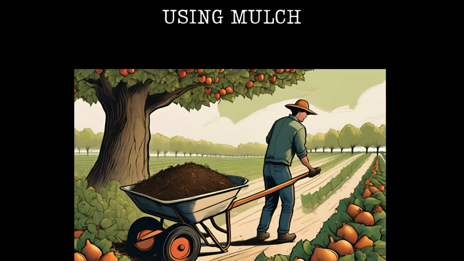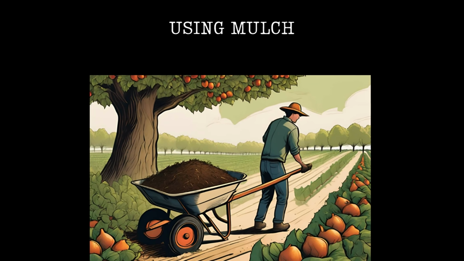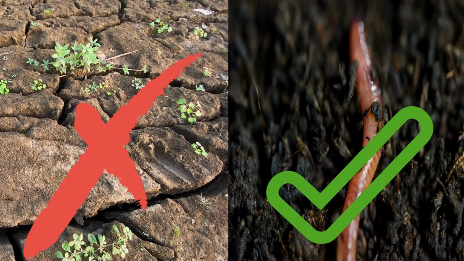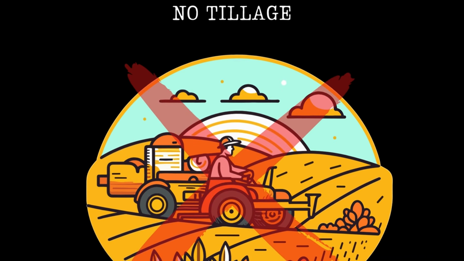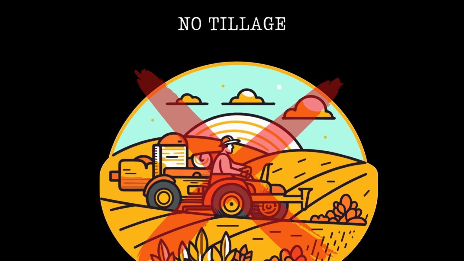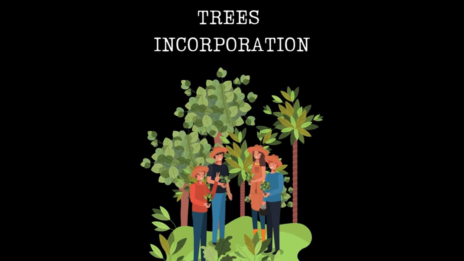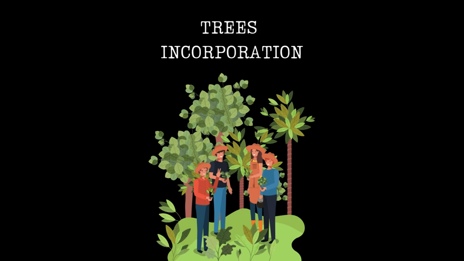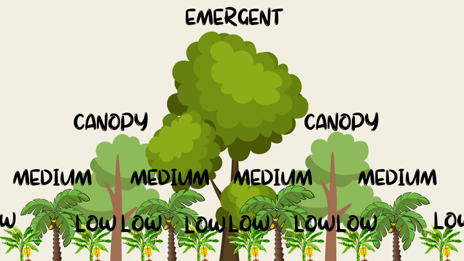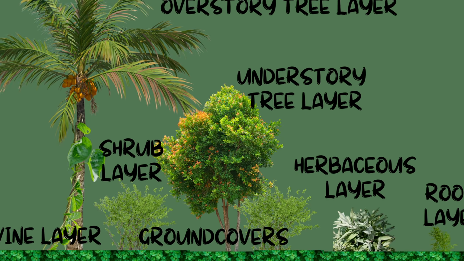Both systems use mulch to suppress weeds, retain soil moisture, and add organic matter to the soil. In both systems, tillage is reduced or eliminated to preserve soil structure and microbial life. And both systems incorporate trees into agricultural landscapes to provide multiple benefits. We'll talk more about food forests in both setups later.